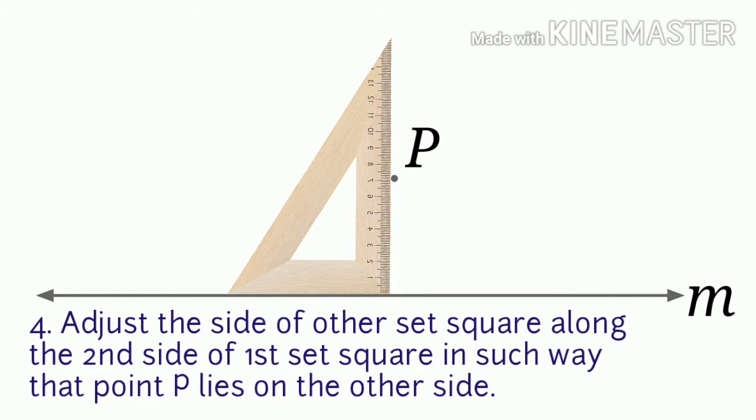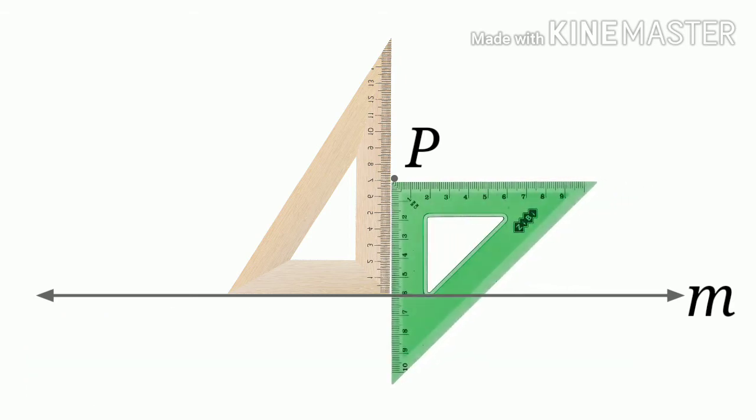What we need to do: one of the edges should touch the first set square and the other edge should touch the point. Okay. So we will place it like this. So you can see that one of the edges is touching the first set square and the other edge is on the point P.